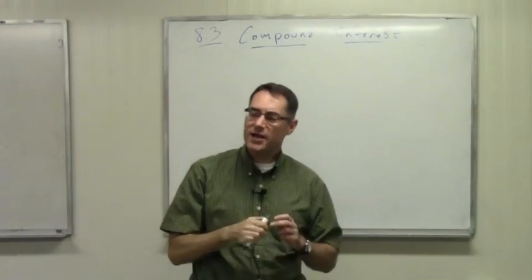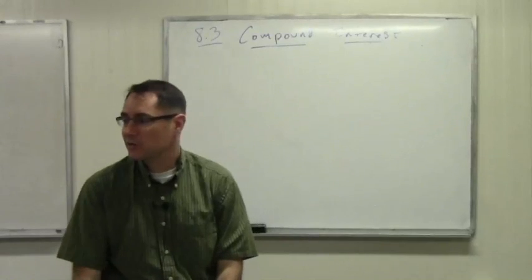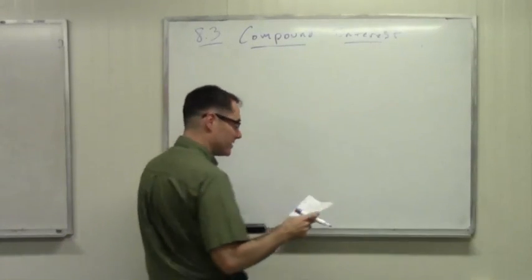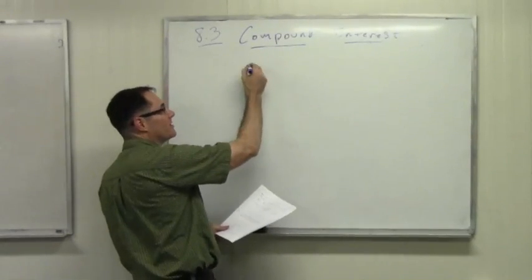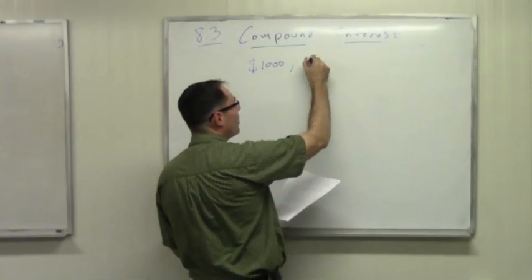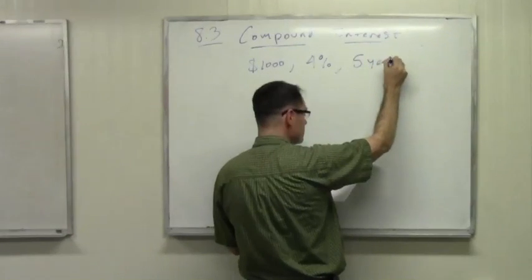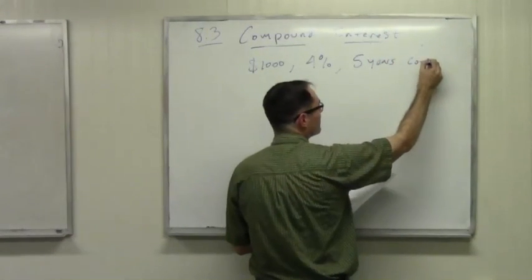So is there some sort of a limit to how much compounding you can do? In other words, take a look at this. You don't have to do any of this out, but let's say there's $1,000, 4% interest for 5 years, and we're going to compound it.